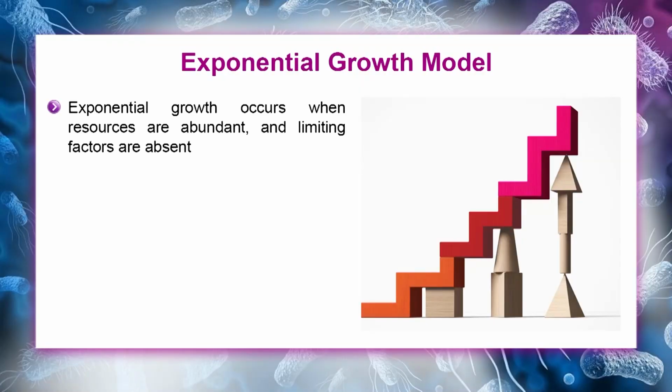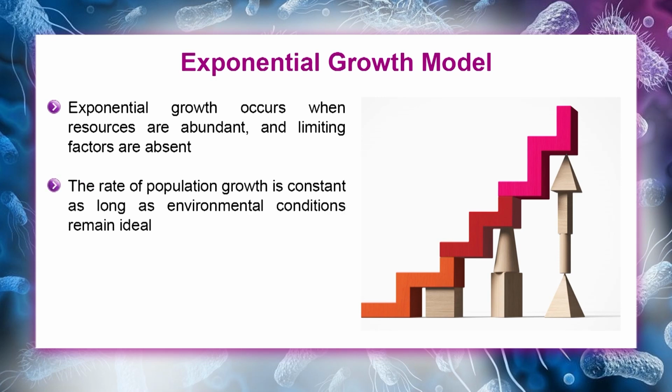Generation time is the time it takes for the population to double. Exponential growth occurs when resources are abundant and limiting factors are absent. In reality, such conditions are rarely sustained for extended periods.